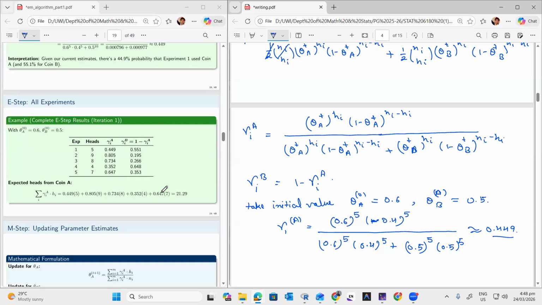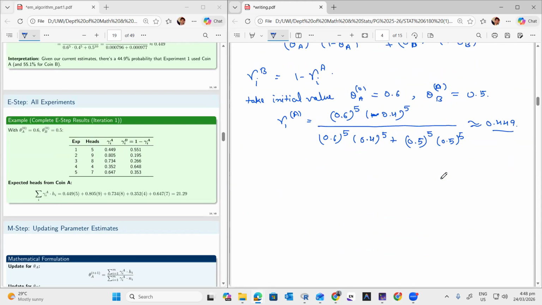After that, we will find the expected number of heads from coin A. What will be the total expected number of heads from coin A? It will be the summation over I of gamma Ia into Hi.